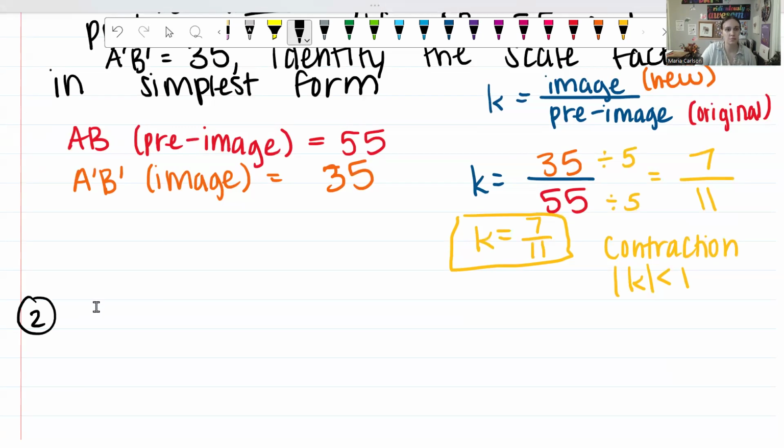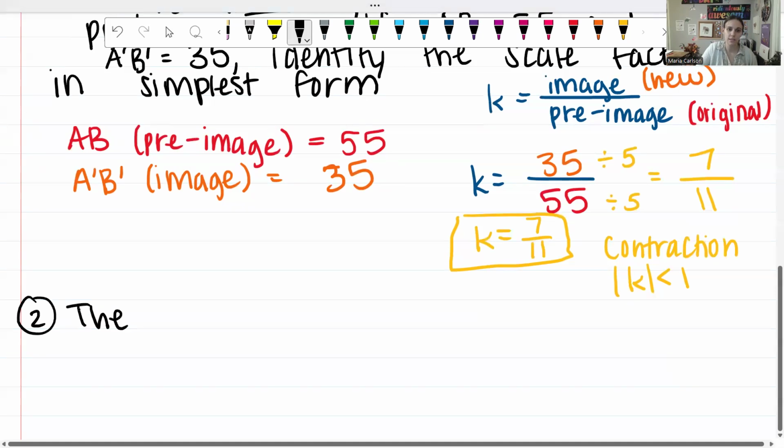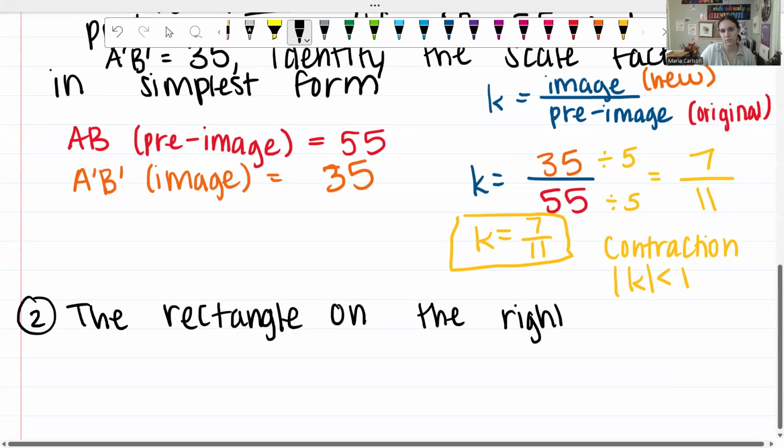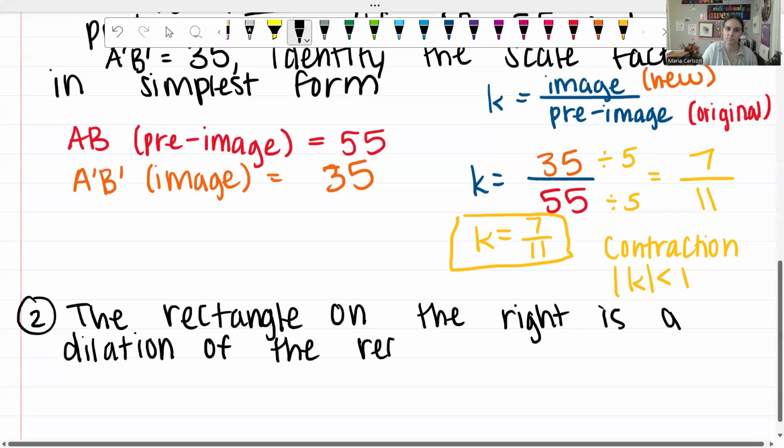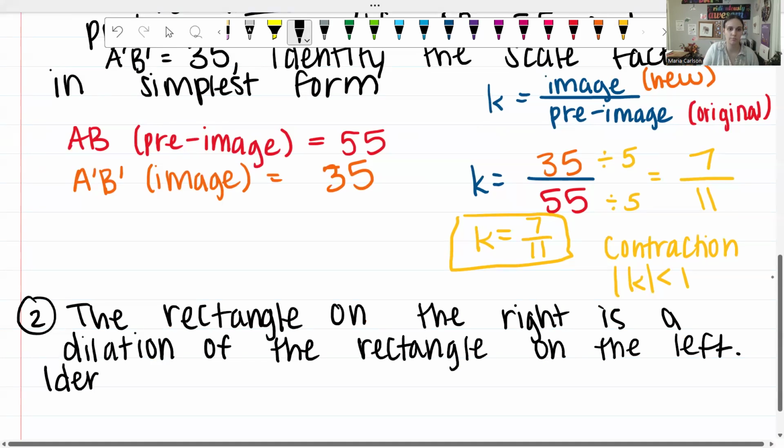But to go along with this image, the rectangle on the right is a dilation of the rectangle on the left. Identify the scale factor in simplest form.